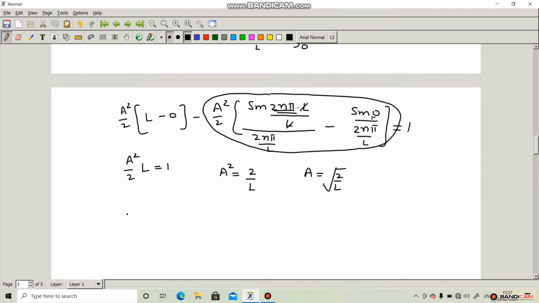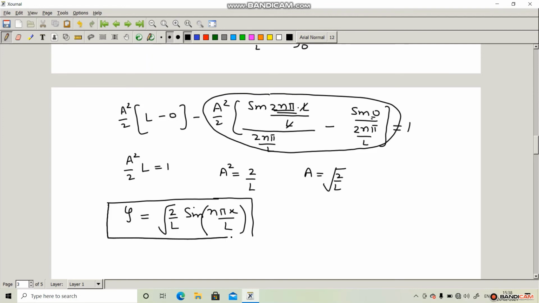And if we put the value of a in the solution of the differential equation, it becomes psi equal to under root 2 upon L sine n pi x over L. This is the final solution of the equation, and this is the wave function, and we can write it as eigenfunction, where n is equal to 1, 2, 3.